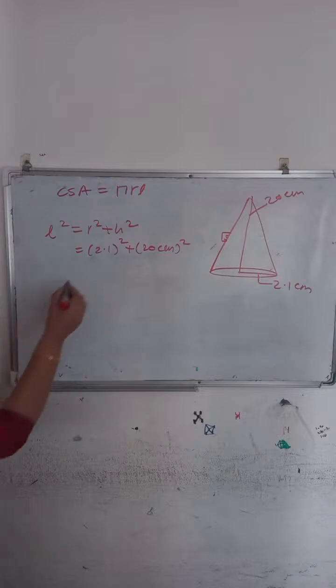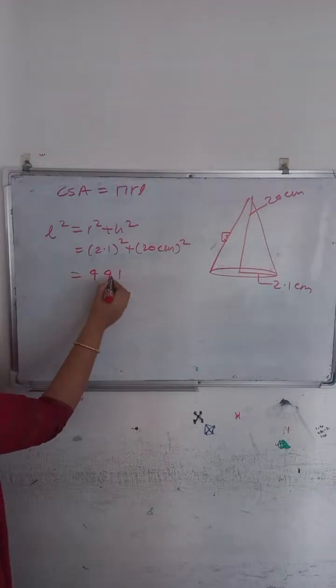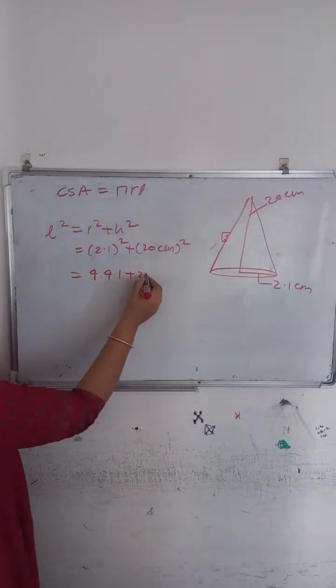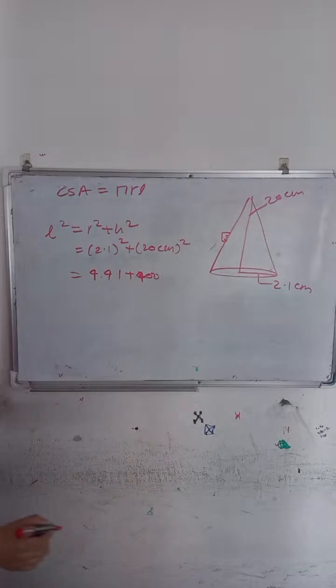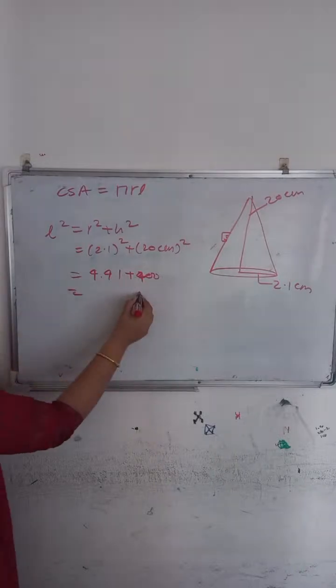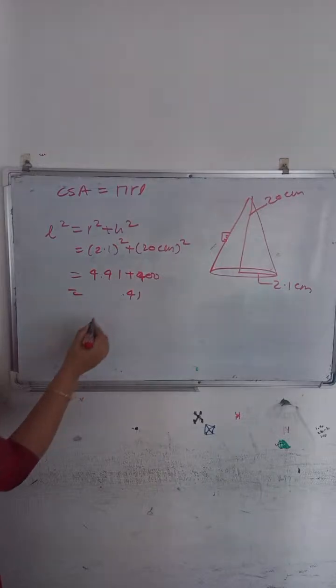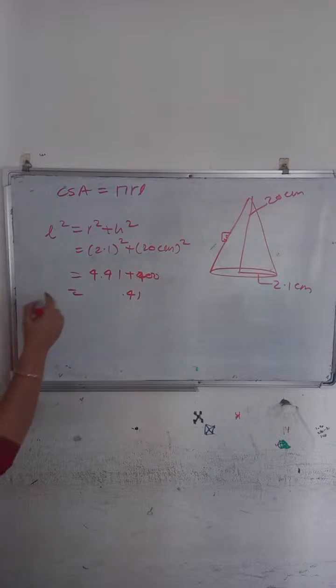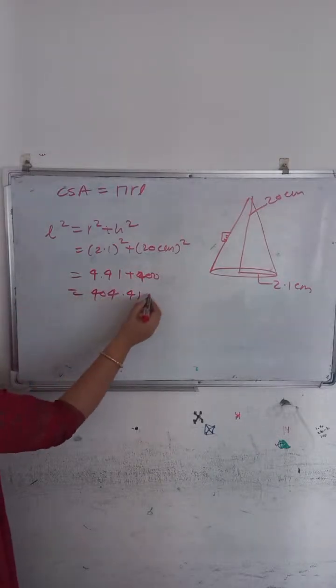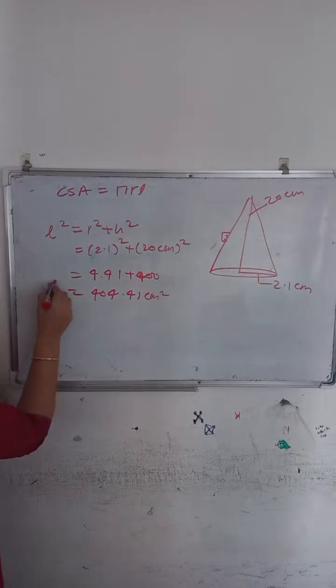So 2.1 square is nothing but 4.41, and 20 square is 400. Now add this. l square is nothing but how much will you get? 404.41 centimeter square. This is l square, no?